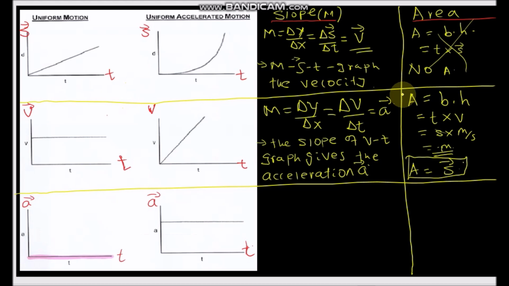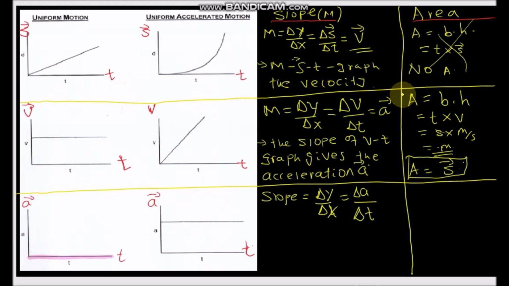What about the slope of the acceleration time graph? The slope is equal to change in y over change in x. The change in y means change in acceleration, by change in time.